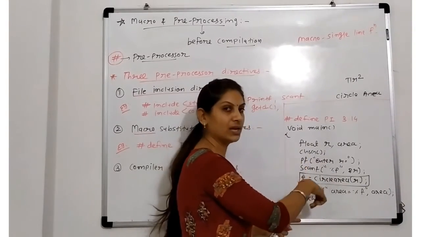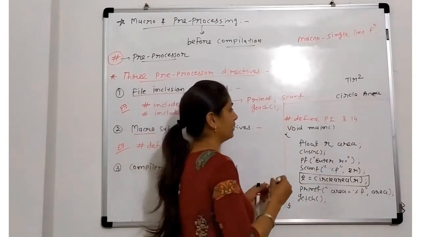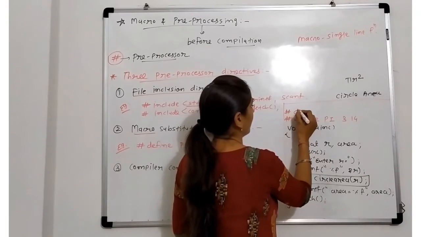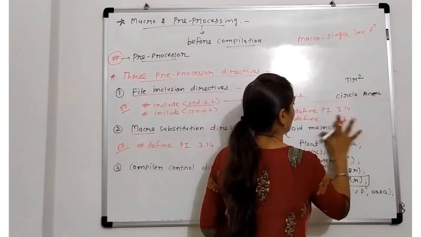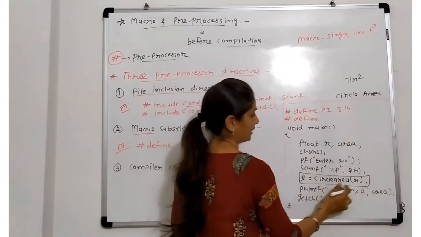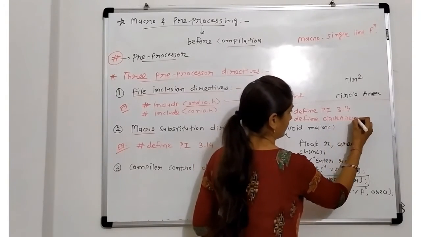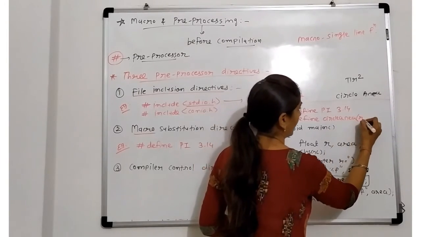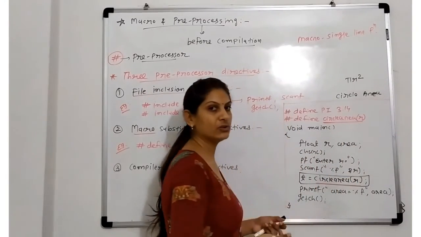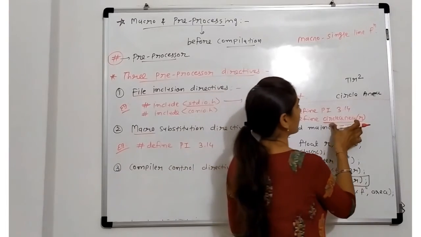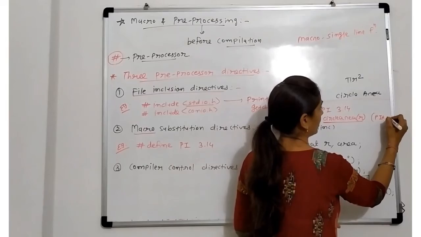But when we use a macro instead of a function, how is it executed? Here we write hash define pi 3.14 first, and then hash define the name of the function, that is circle area r. So whenever this name appears in our program, the value is put in, and the value of circle area is nothing but pi, that is 3.14 into r into r.